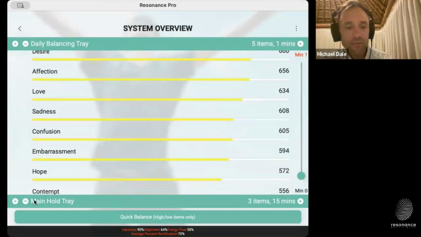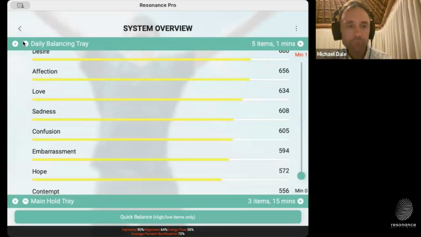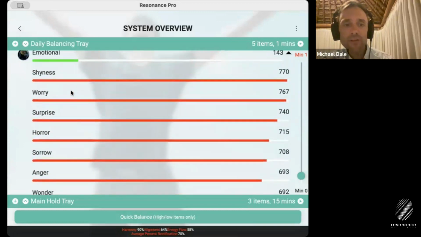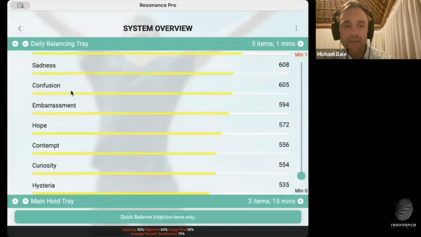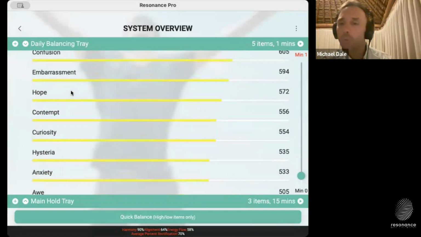So I've put these items into the main hold tray: gratitude, love, affection. And you can say to the person, is there anything else that you want to add in there? And they might say to you, I really want some hope. I really want to feel good about this. I really want to feel like this is going to change for me.